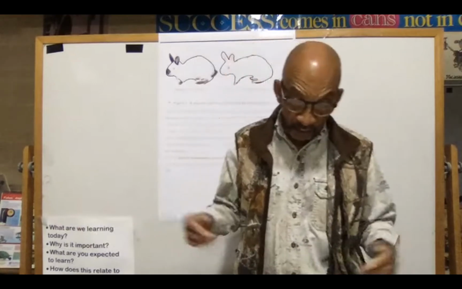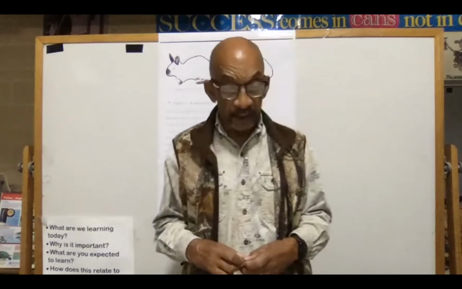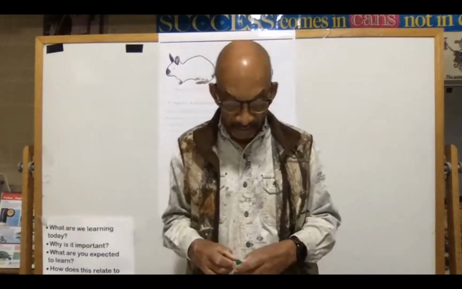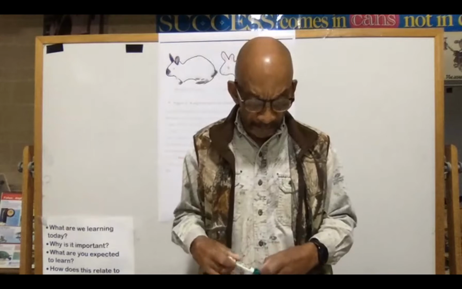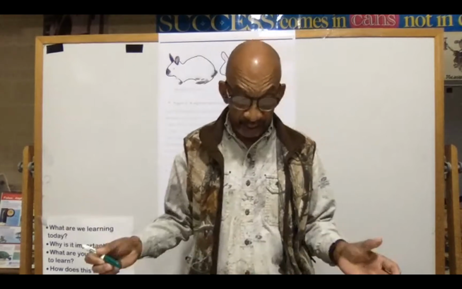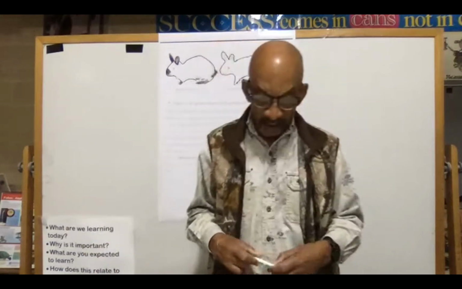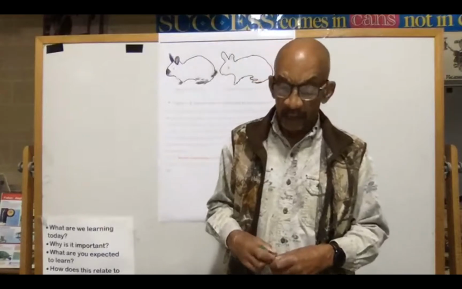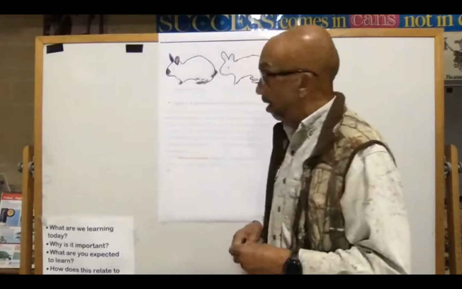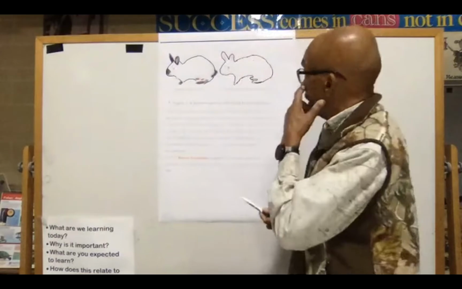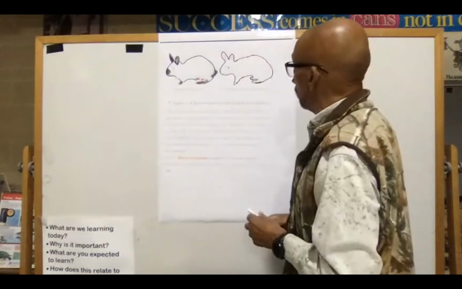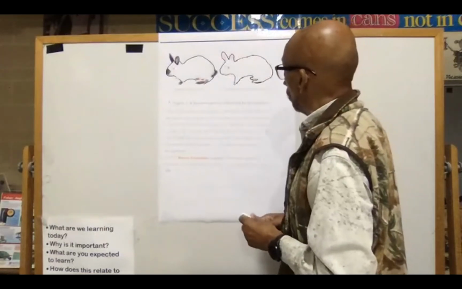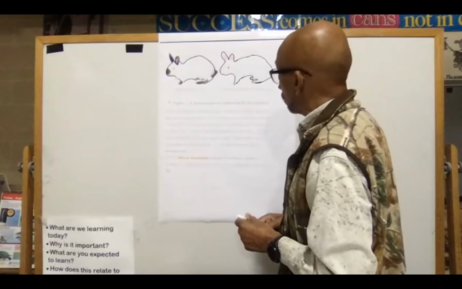The rabbit that's reared in temperatures above 30 degrees Celsius has no fur pigmentation because gene C is inactive at these higher temperatures. So that's an example of gene expression dealing with the external environment, the outside.